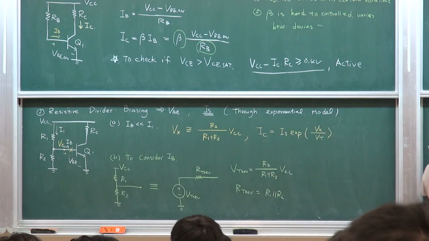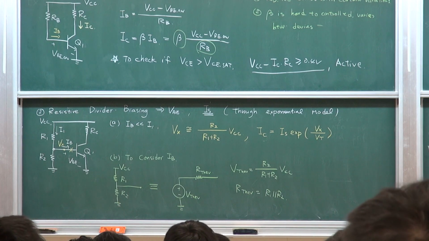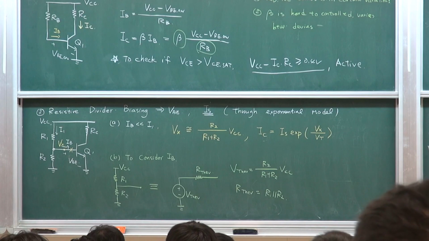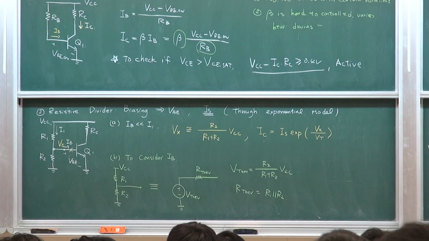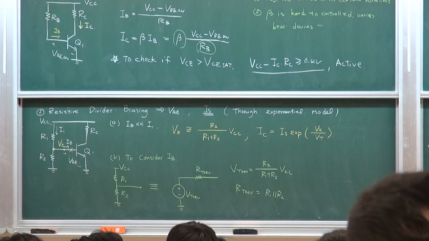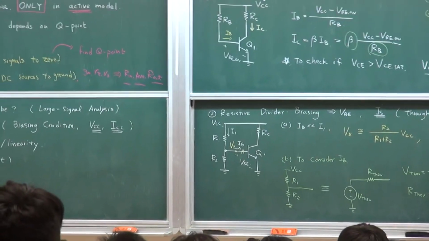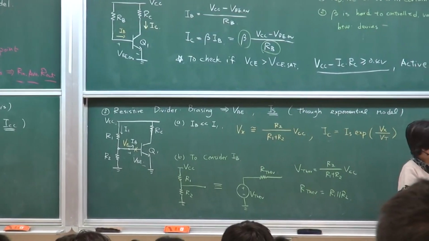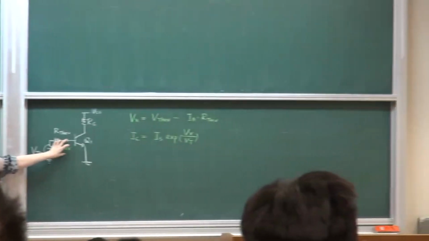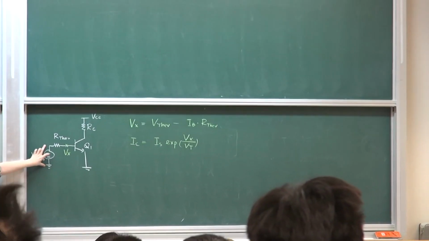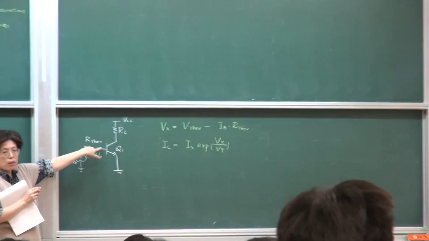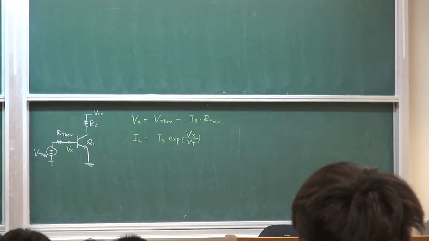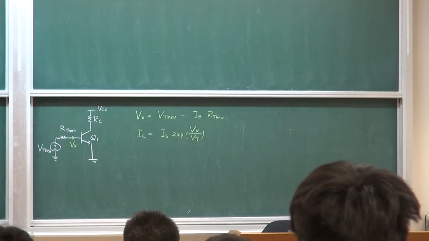And the current level, IC, will then be IS exponential of Vx over VT. The current will still follow the same equation. The only difference is that there's a slight correction on your V. Rather than simply the voltage divider result, you have to take away the drop on the resistor. It's a slight resistance effect. Okay?